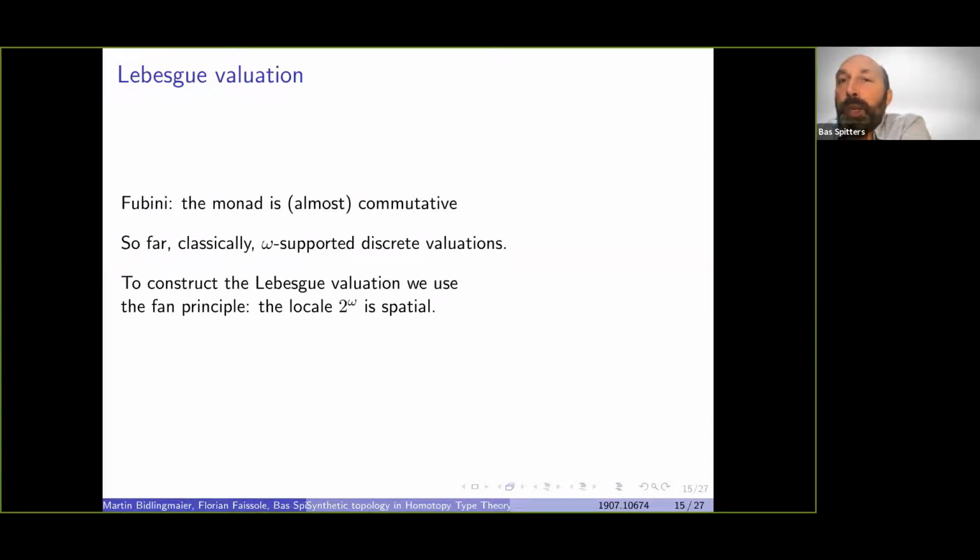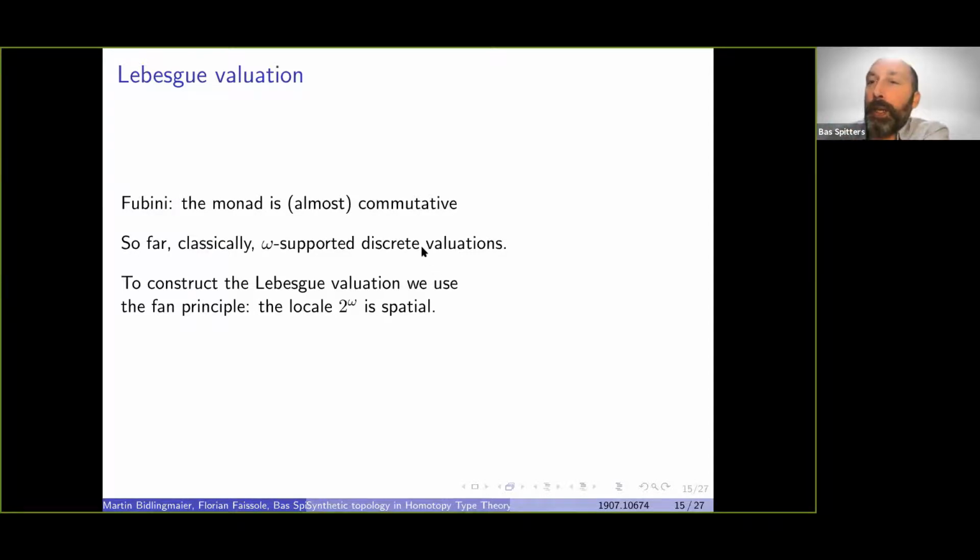Of course, Fubini comes with conditions, so that it may not be too surprising. And we have Fubini for all locales if we look at the Giry monad on locales, but in this case we need some conditions. It is possible that we restrict to a certain subset of this topos, which still has enough structure that we could actually recapture that.